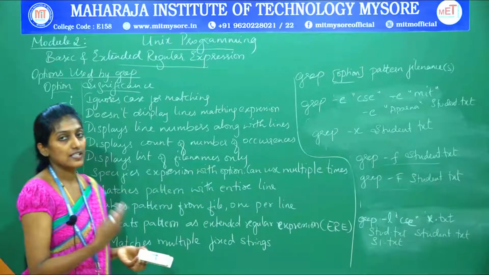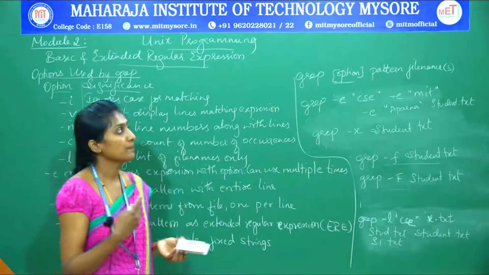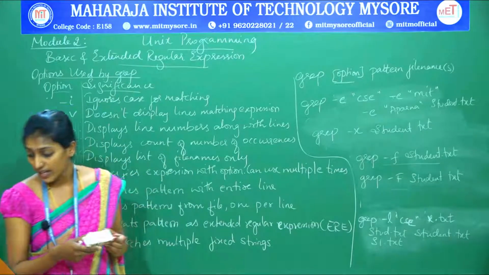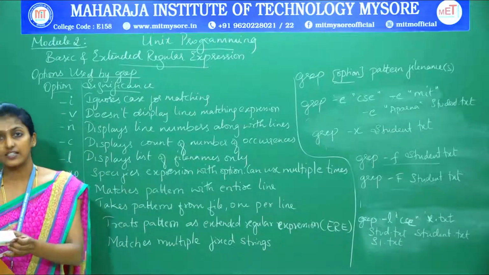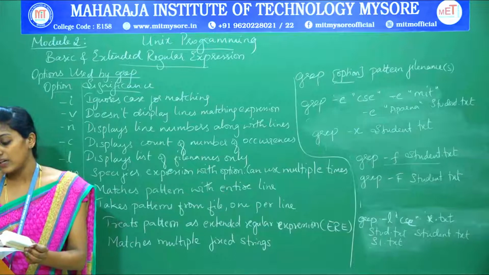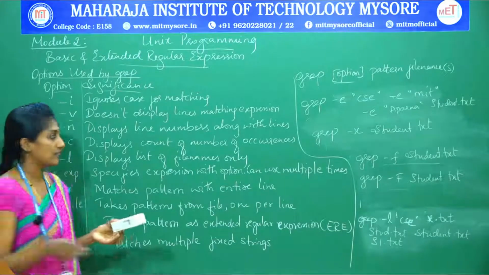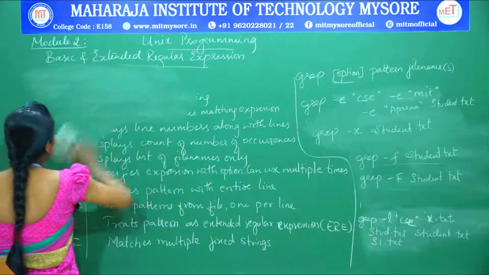Okay. So in this, the next set of expressions defined here is the extended regular expression, and the other one is the basic regular expression set, which will be discussed first, followed by the extended regular expression. Let me go with the next concept.